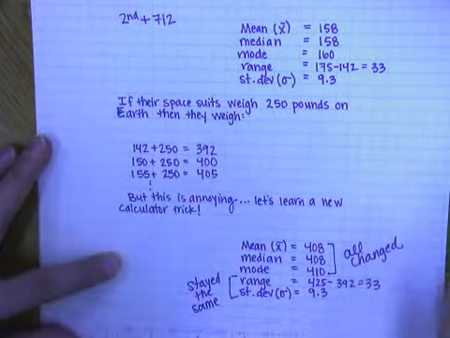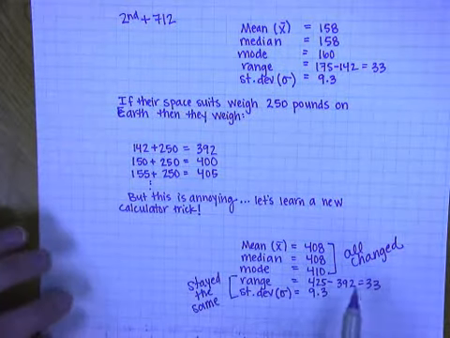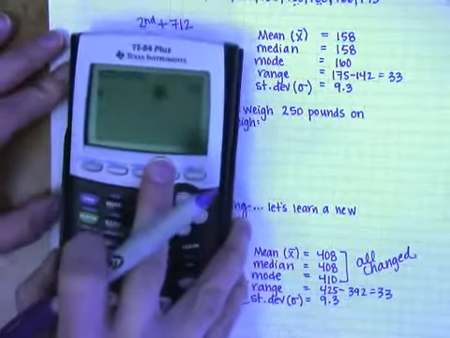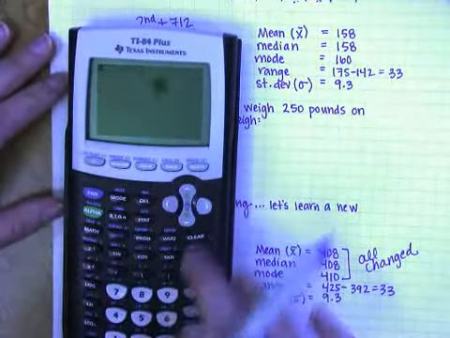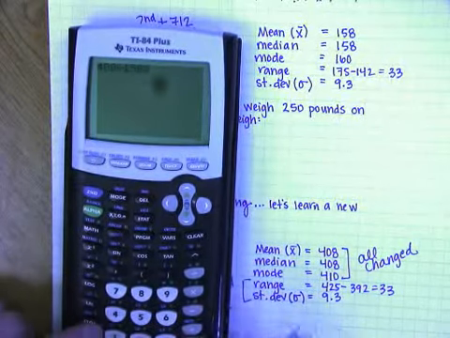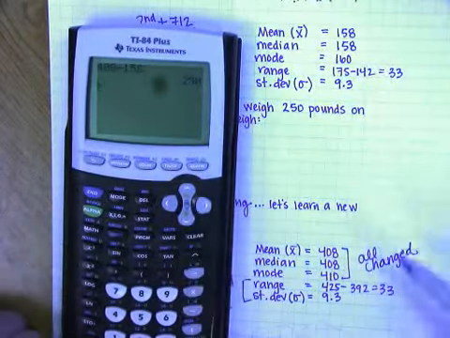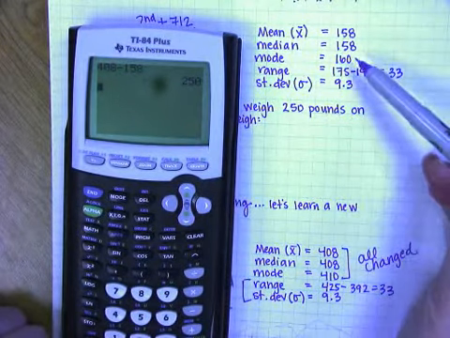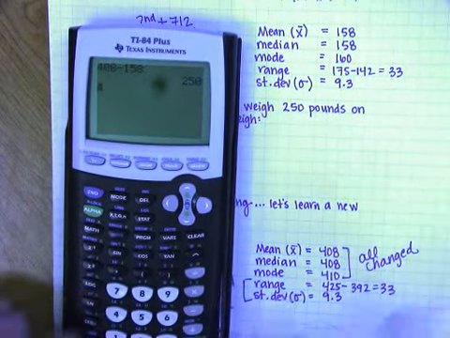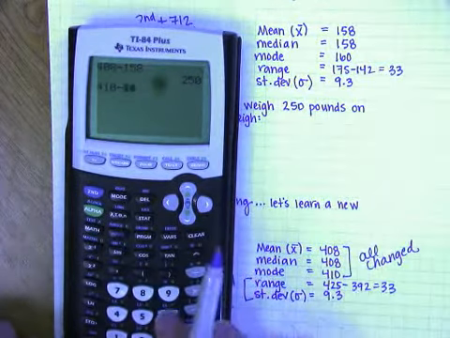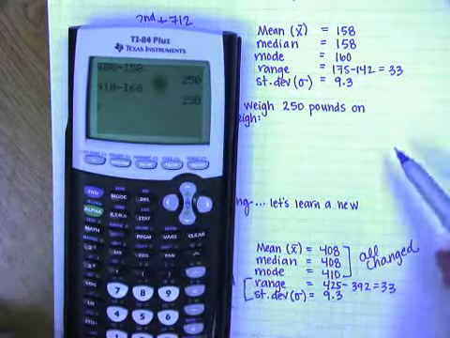Now, it's important to ask yourself, how much did they change by? What was this increment of change? And so if on my calculator, I look at 408 minus 158, I get 250. So the mean and the median both went up by 250. Let's see if that's the same for the mode. So the mode was 410, and before it was 160, and sure enough, it also changed by 250.